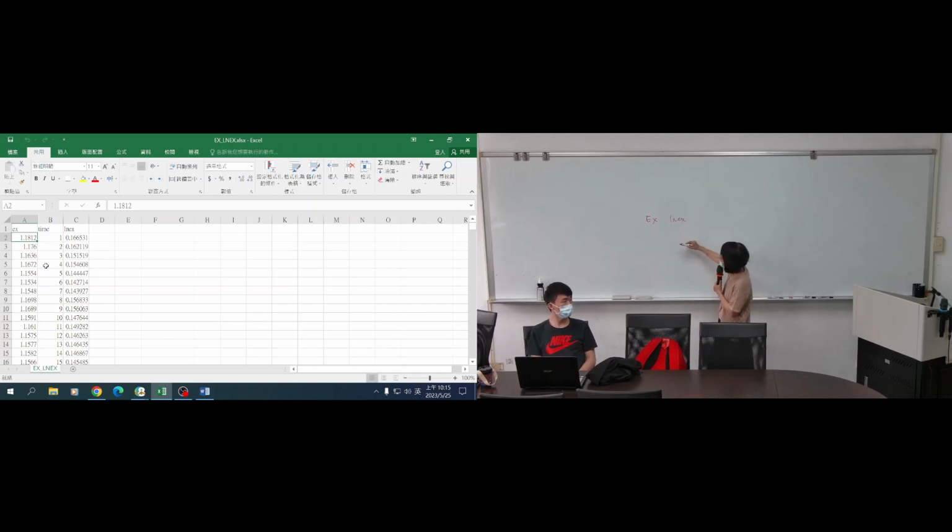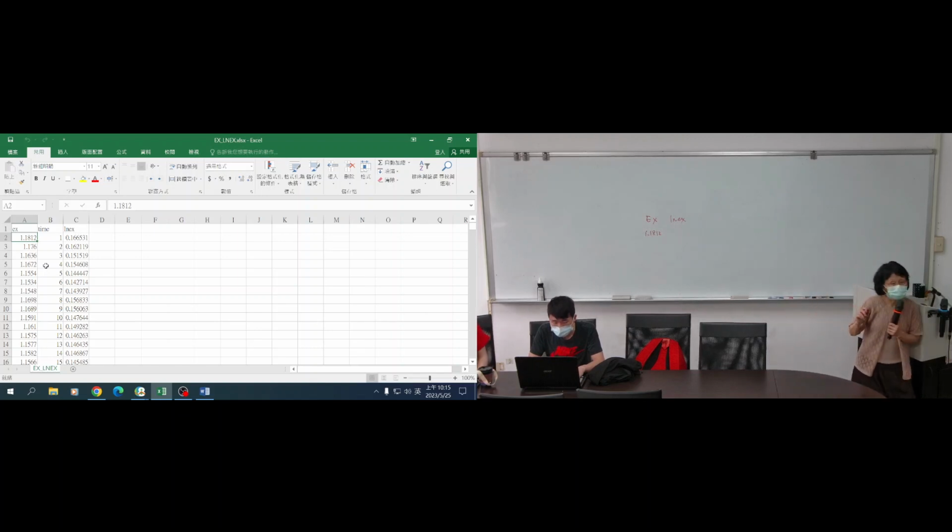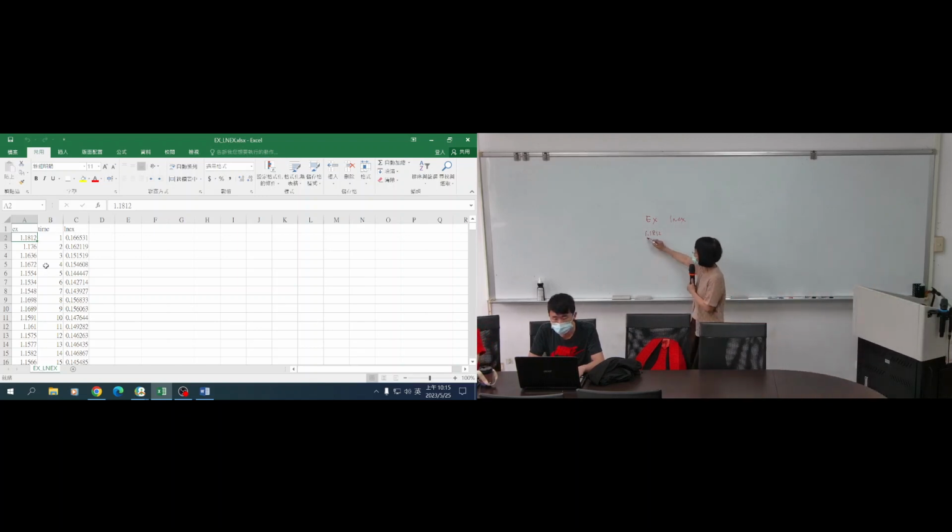The first one is 1.1812, and the second one is 1.176. So the daily rate of return will be 1.176 minus 1.1812, divided by 1.1812.